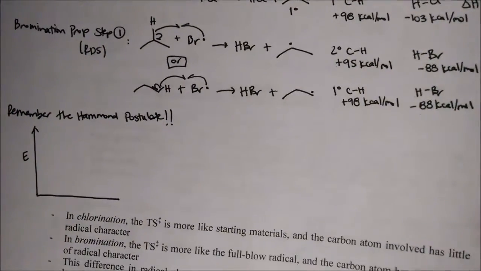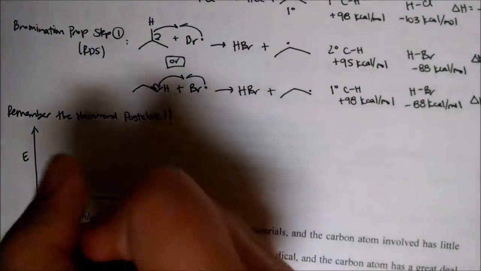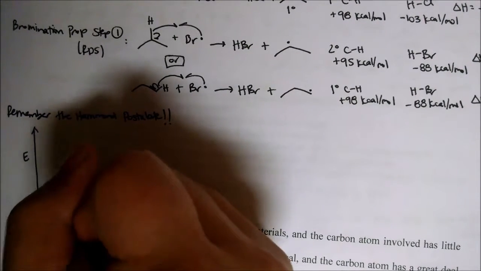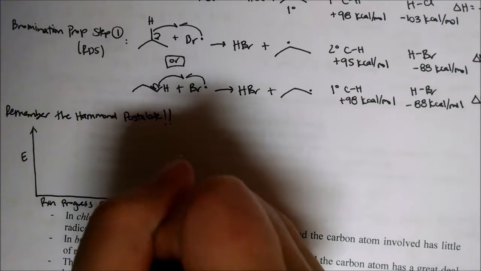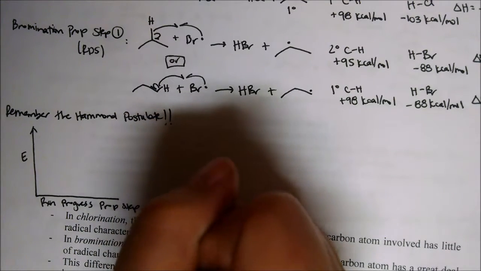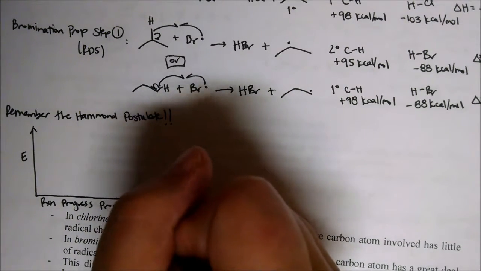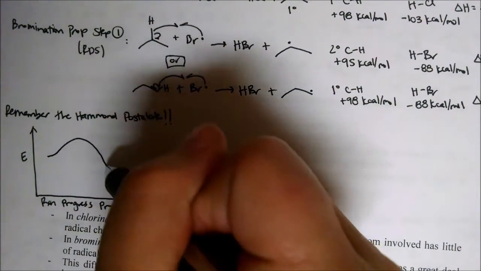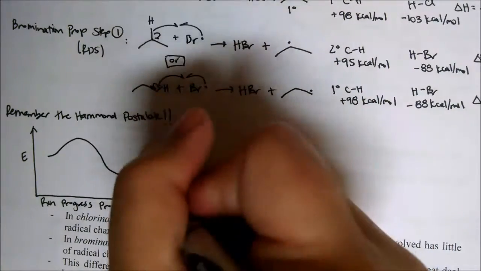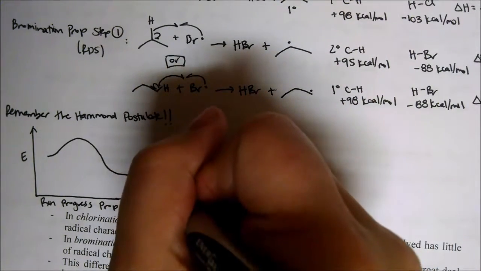So the product of that intermediate step, this is reaction progress. And again, this is propagation step 1 only. So we're going to be exothermic. Let's label this one as our primary radical.